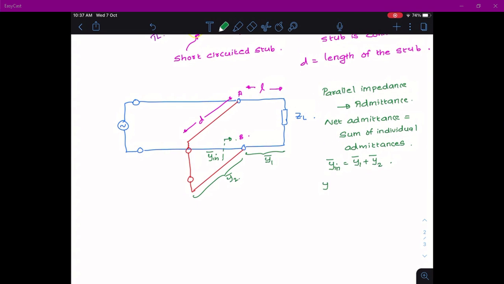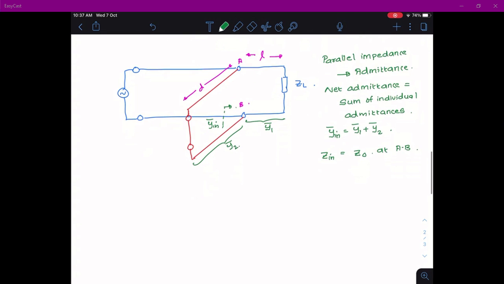You want to have at this point AB, the input impedance should be equal to Z0 at AB, or the normalized input impedance should be 1, or the normalized admittance is equal to 1 by Z bar in, that is equal to 1.